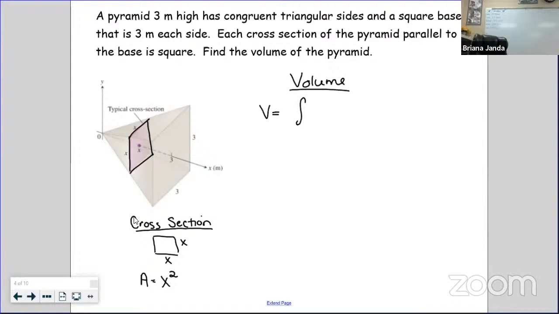And so that's where I get my bounds of integration along our x-axis. We start at 0. We stop at the height of our triangle, 3. We fill in our area formula. And hopefully this makes sense that it is volume, because this would be our length times width times height, our change in x. So it is that volume formula there.